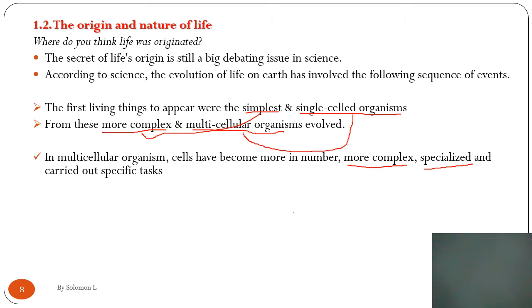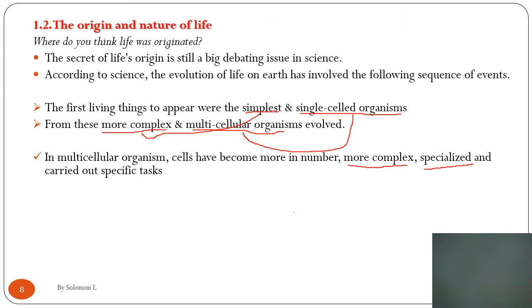Therefore, cells in multicellular organisms are specialized cells. They are specialized for a special purpose. They are specialized for special tasks. For example, our nerve cells are specialized to carry information.